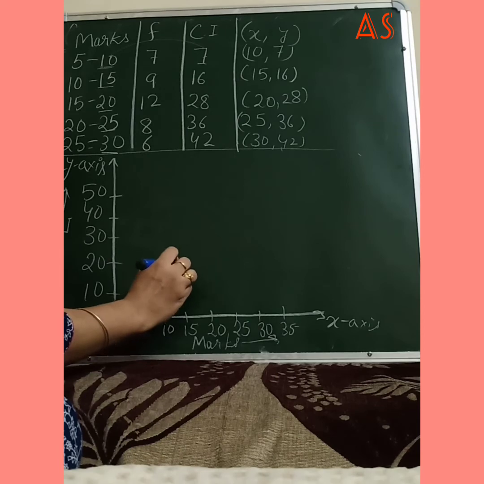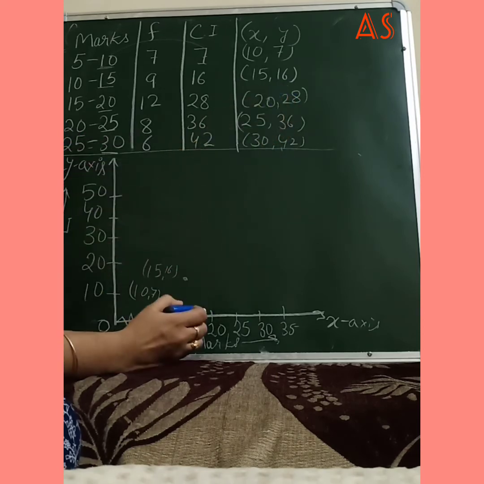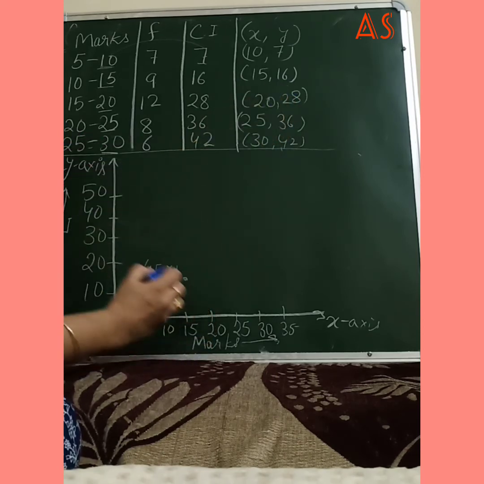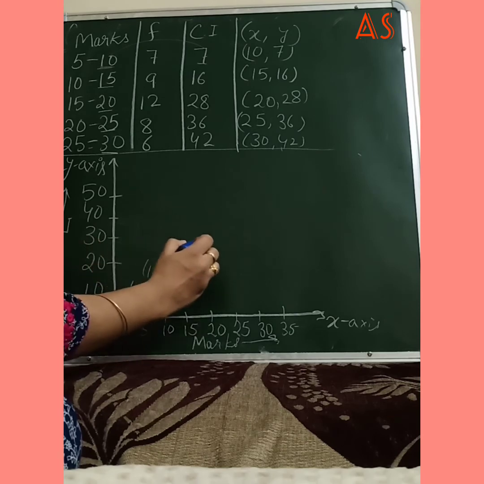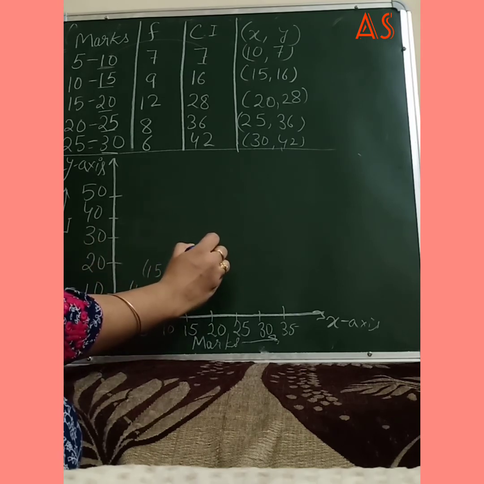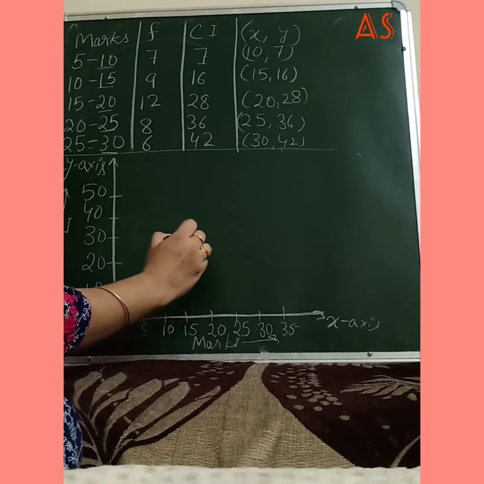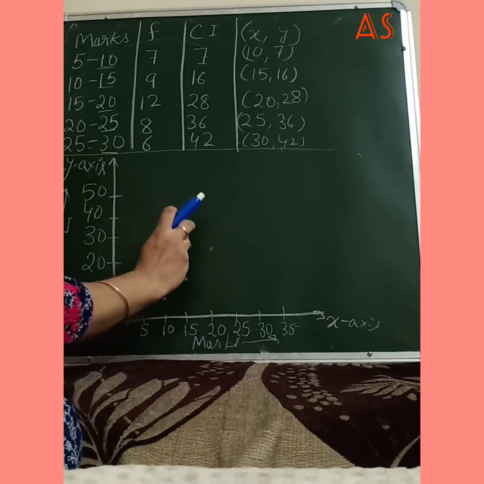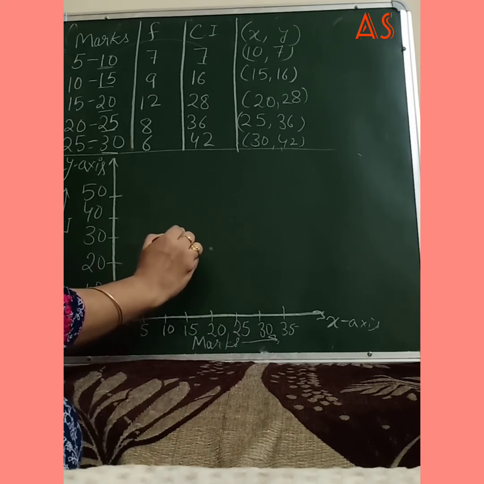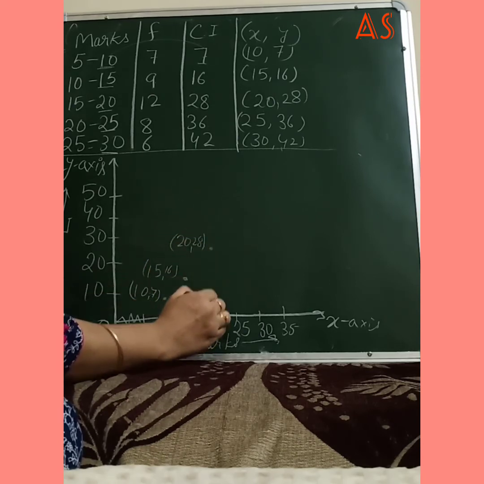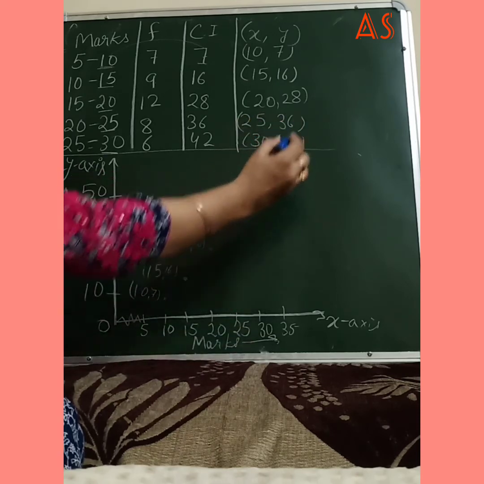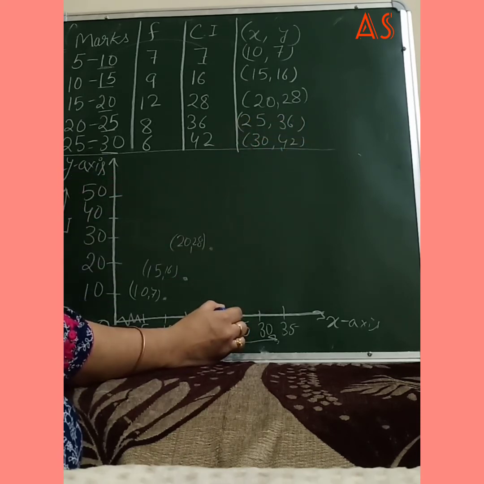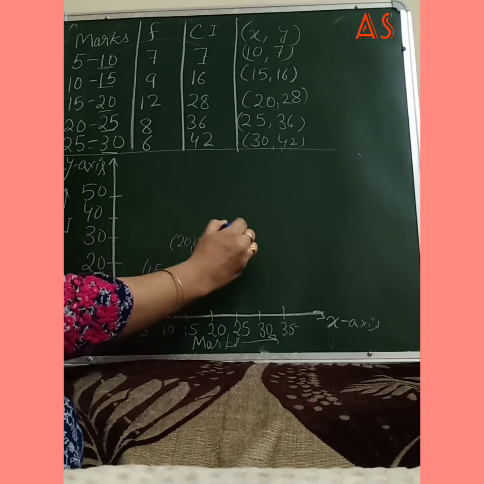15, 16. Next is 20 and 28. 20 is x, 28 is below 30. So near about here we have to draw in the graph. Then 25 and 36. 25 is this, 36 is here.